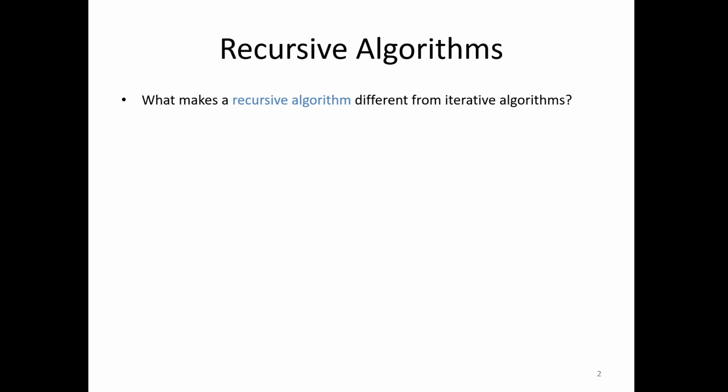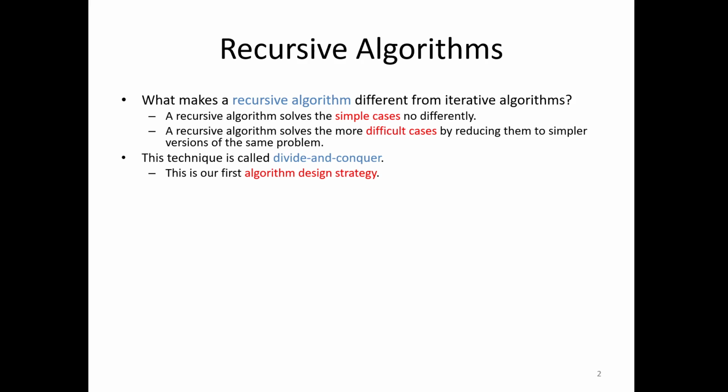Usually that means our recursive algorithm is going to be composed of two components. The first component is what we sometimes call the terminating case, the simple cases, the easier cases to solve. We're going to solve those maybe using a brute force algorithm, or maybe just hard coding the solutions in if they're that easy to solve.